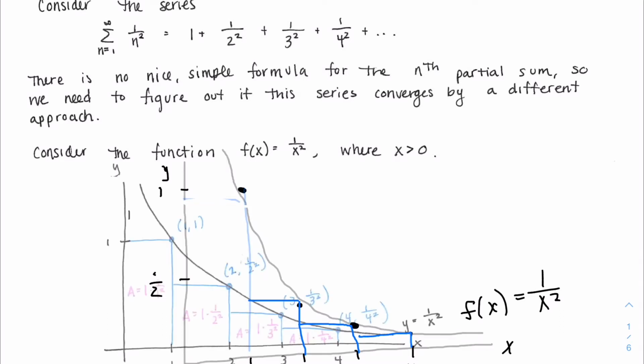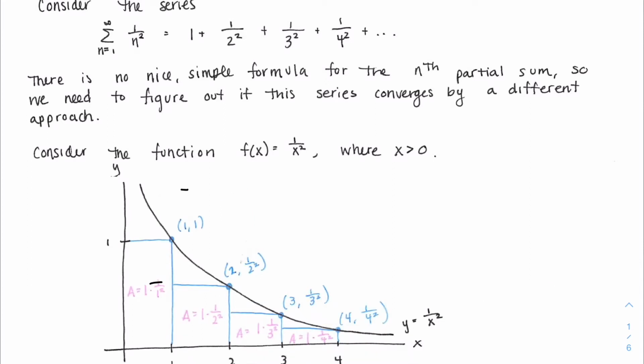So a little bit nicer of a picture under here that I'm going to bring up, because drawing on an iPad is not as easy. You can kind of see this a little bit better. Here you can see that the area of this rectangle would be 1 times the function at this point.